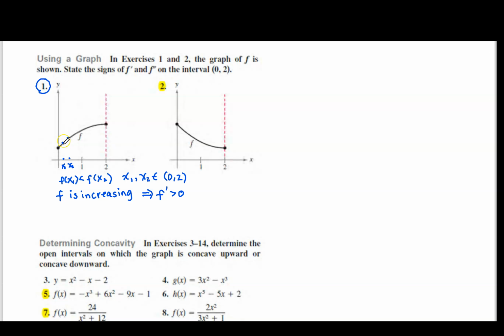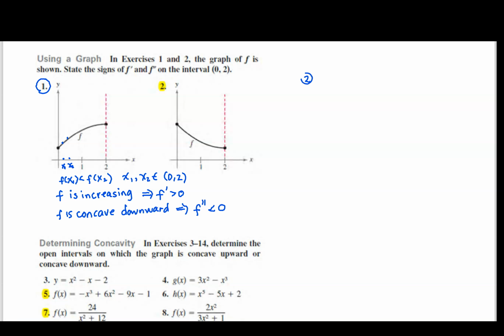So f is concave downward. Since f is concave downward, we know that the sign of the second derivative will be less than 0 on this interval here.